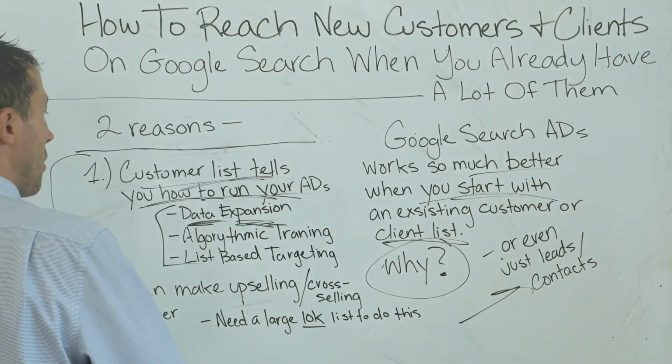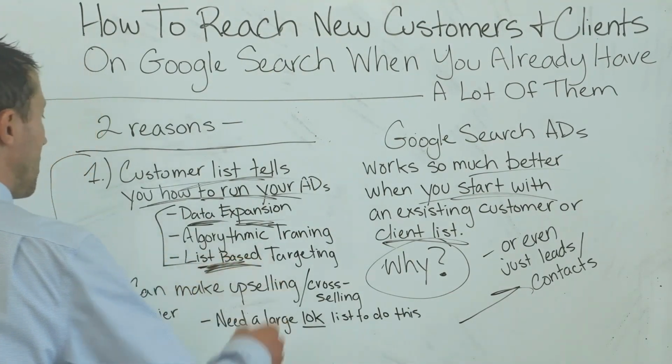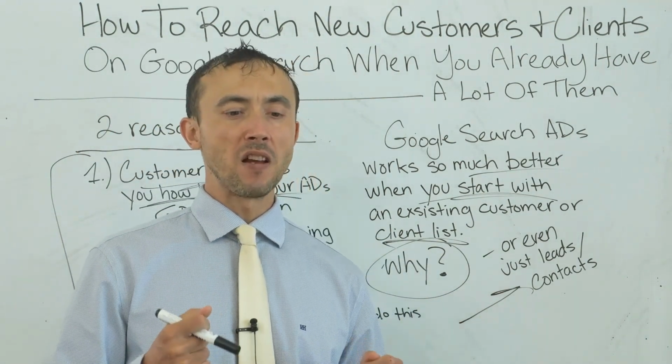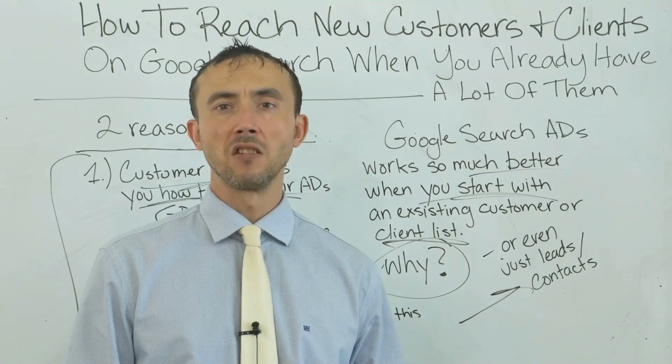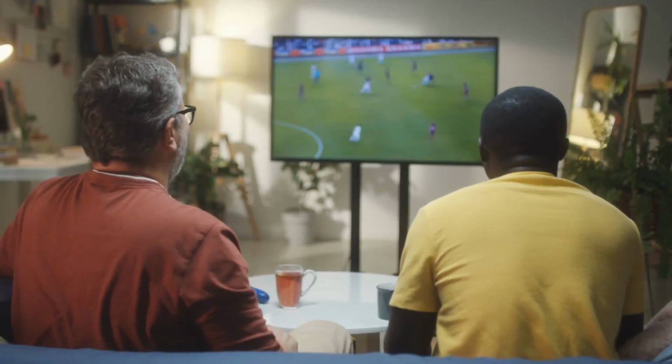You can also use it for, I'll skip this algorithmic training here for a second, list-based targeting. Let's say, going back to the previous example that I gave you, that you find out that almost everybody on your customer list has 100K a year plus income and they like football, okay?